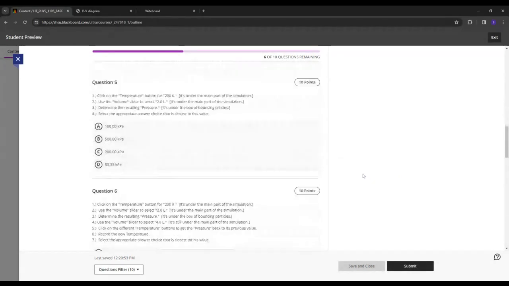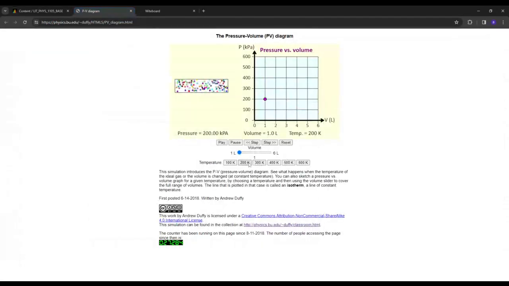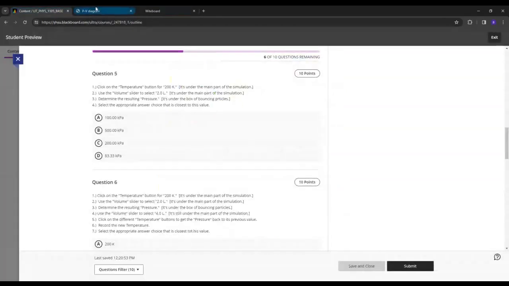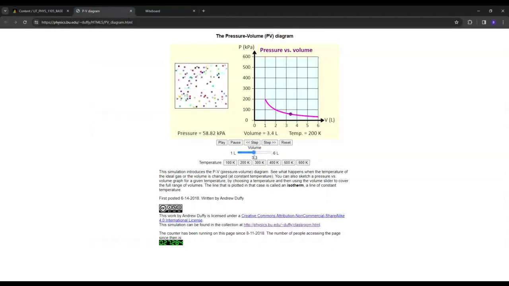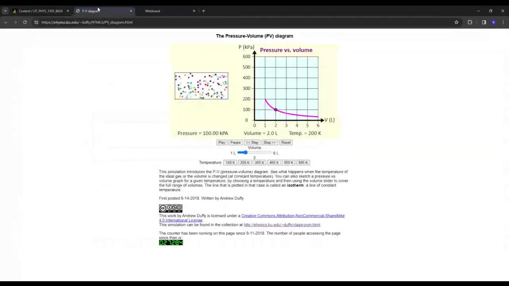Okay, so let's move on to the next little group. So we're going to use 200 Kelvin for this next part, at least just for here. Again, I like to slide the volume back and forth to get the full curve. Then we're going to use 2 liters. So here, almost there, we go. And determine the resulting pressure, record the answer.